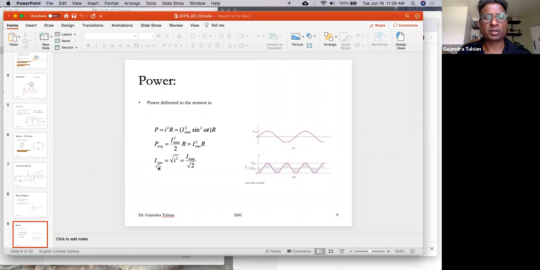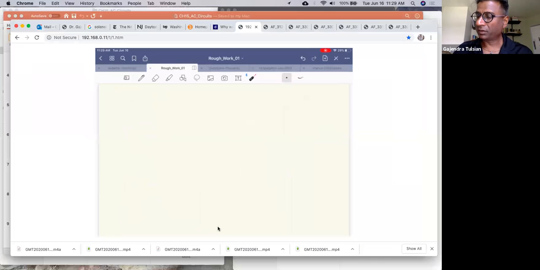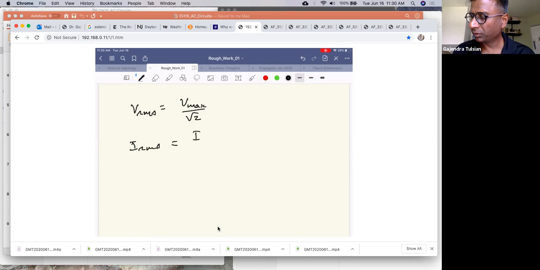So that's a generalization for sinusoidal voltages and currents. VRMS is also equal to V max by root 2, and IRMS equal to I max by root 2.